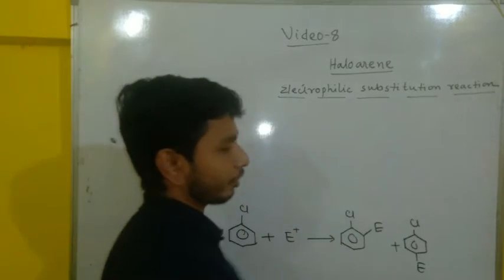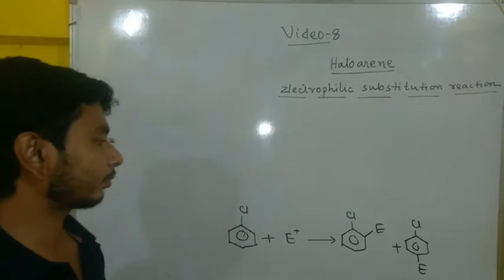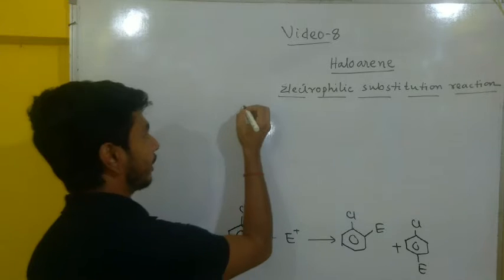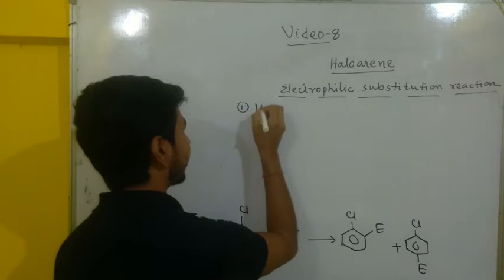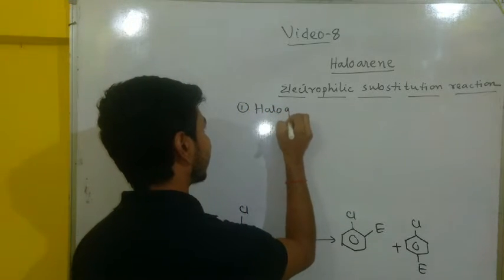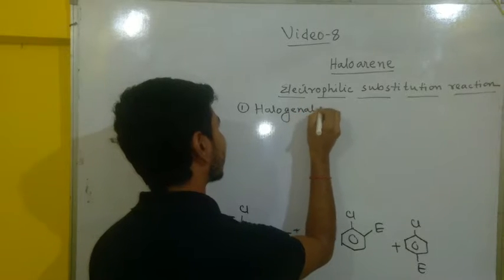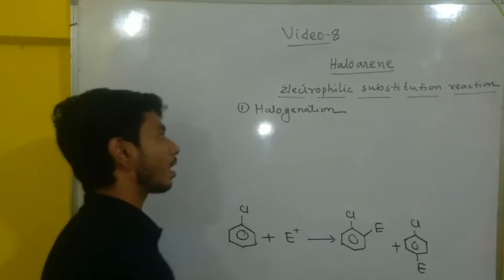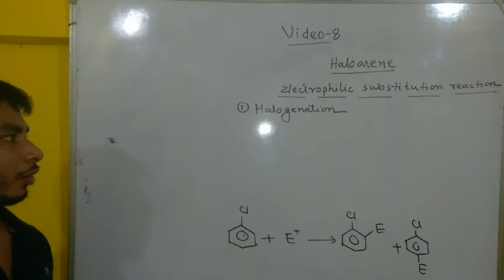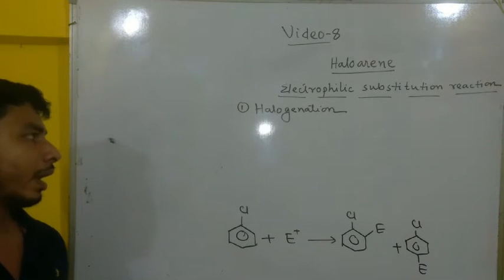Now our first reaction. First reaction is halogenation. Halogenation means addition of halogen.